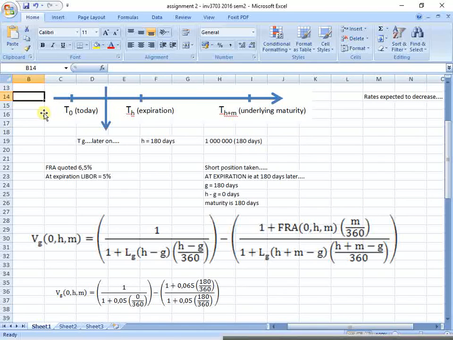It's quite a long calculation, but you do need to identify what the L0 is, what the H minus G is, and what the H plus M minus G is. I've just pulled out the information from the question, substituted everything in and solved, and we'll do the solving just now. We have to type that into the calculator.